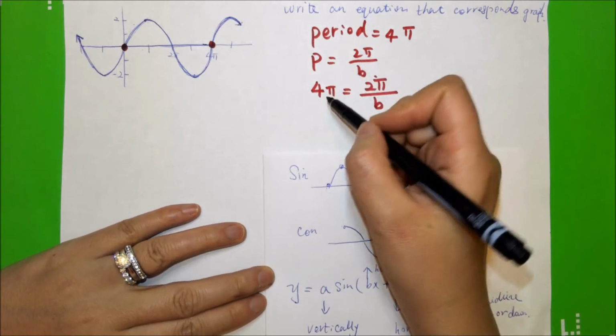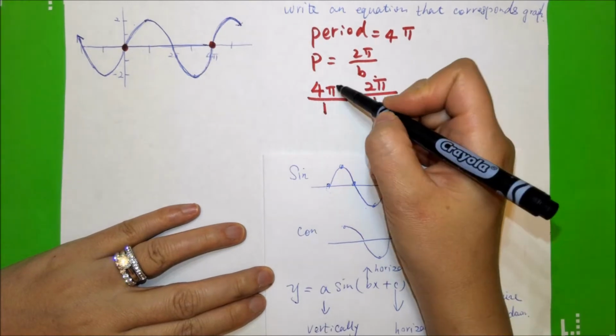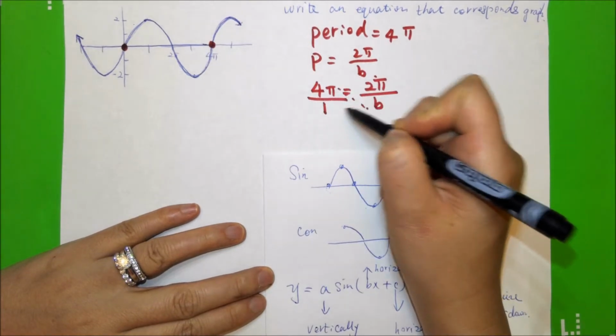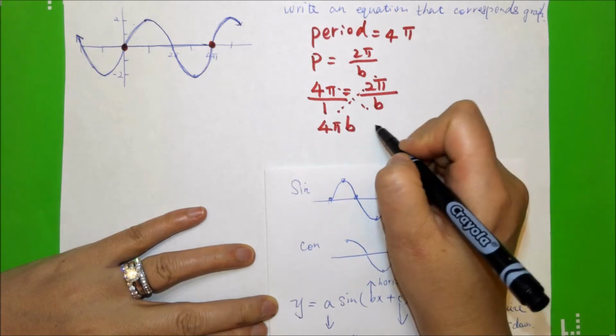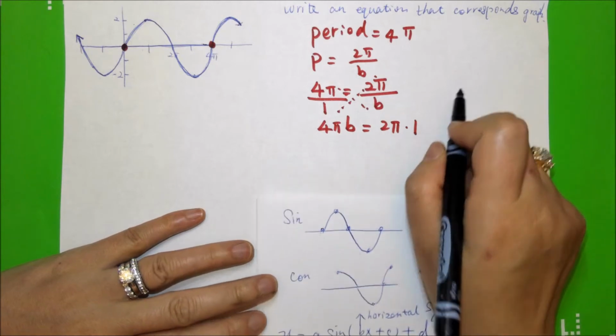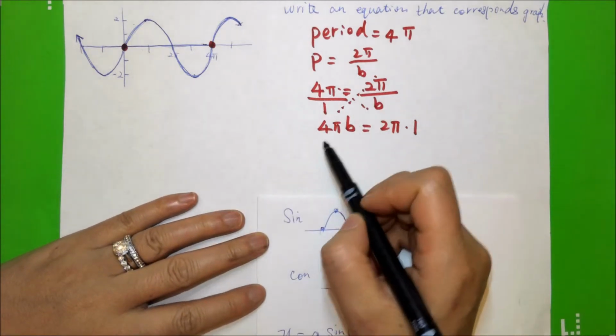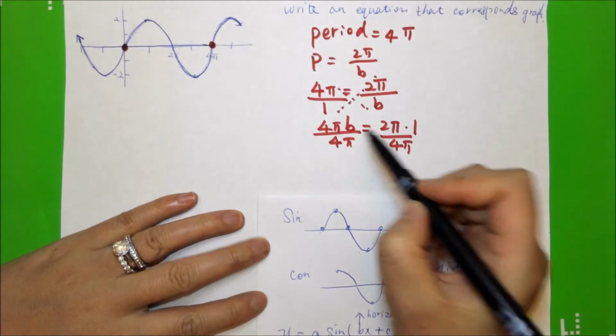4 pi can be written as 4 pi over 1. When you cross multiply, we will have 4 pi times b equals 2 pi times 1. To isolate b on one side, I need to divide by 4 pi on each side.